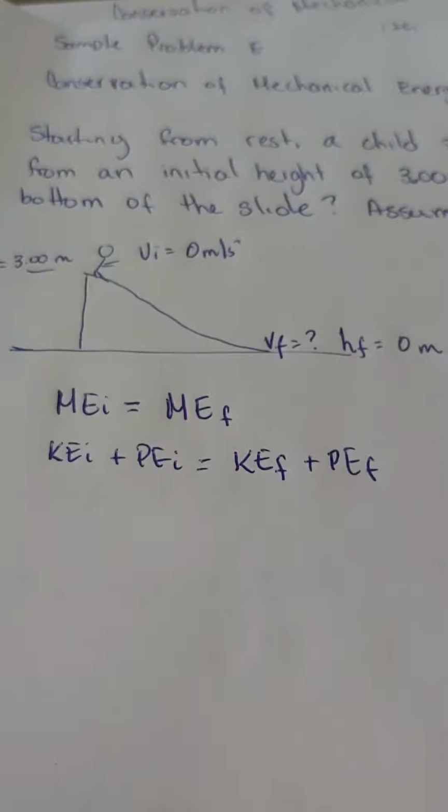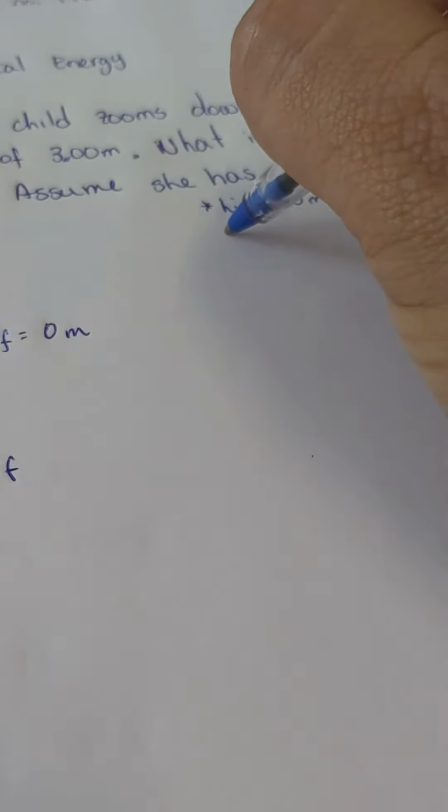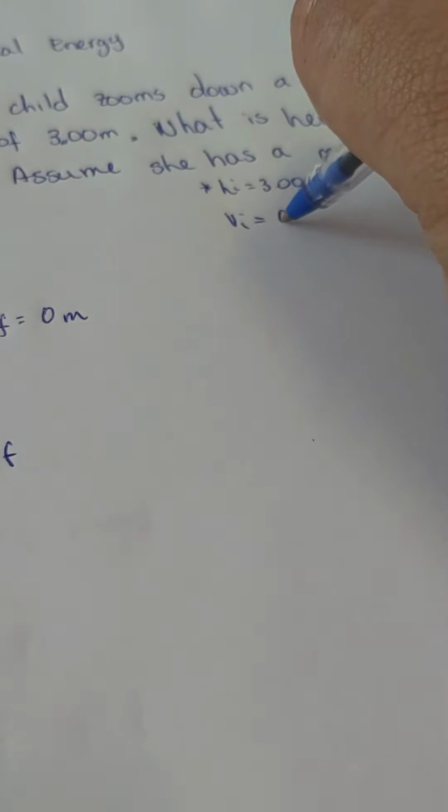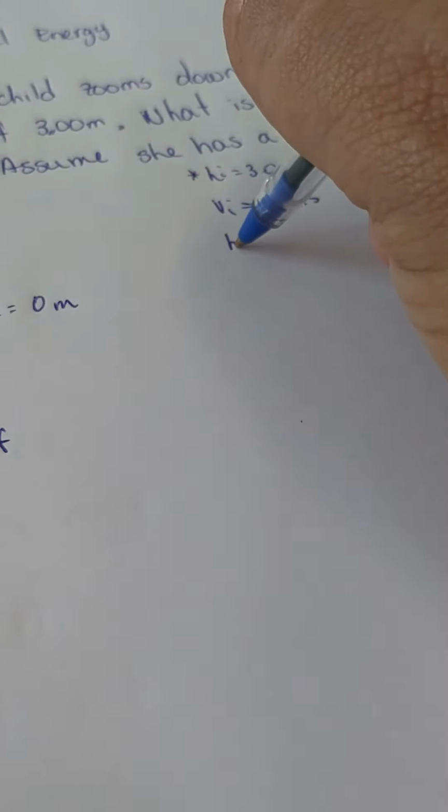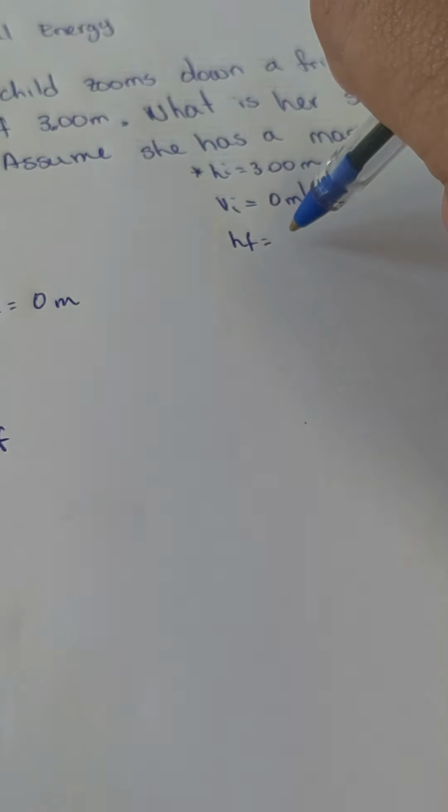We know the initial height, 3 meters. We know the initial velocity, 0 meters per second. We know the final height, 0 meters. And we're looking for final velocity, assuming that the mass equals 25 kilograms. That is the information known.